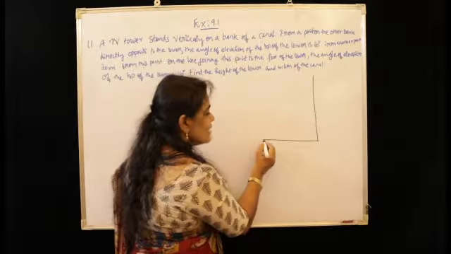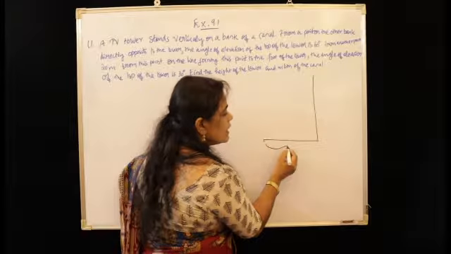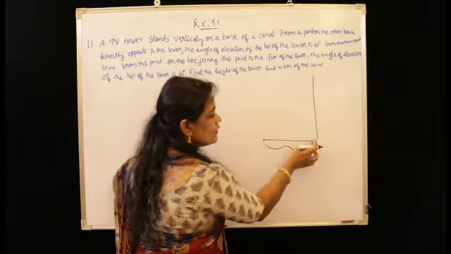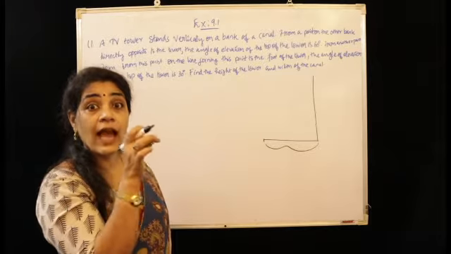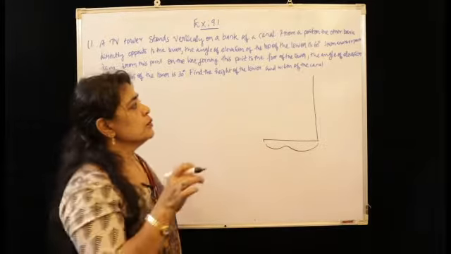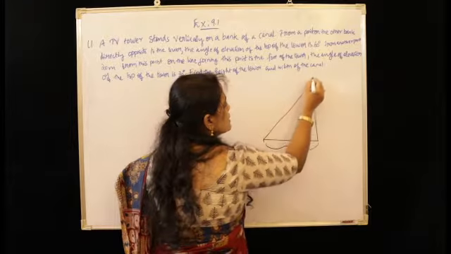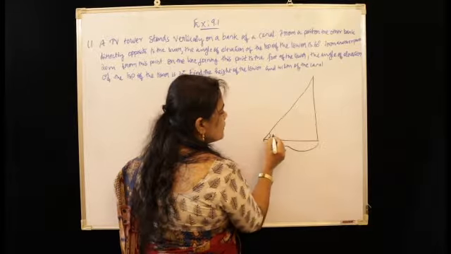So suppose this is the canal, and from this point opposite to this TV tower, the angle of elevation to the top of the tower, so this is the angle of elevation, and that is given as 60 degree.